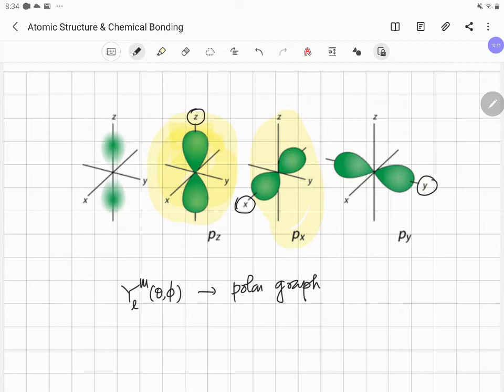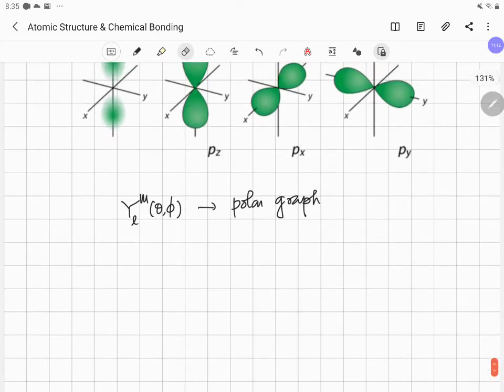Since the lobes are oriented along the x-axis, the orbital is called the px orbital. And the third kind of p orbital is the py orbital. In this py orbital, the lobes are oriented along the y-axis, and that is why it is known as the py orbital. So these are the three p orbitals.